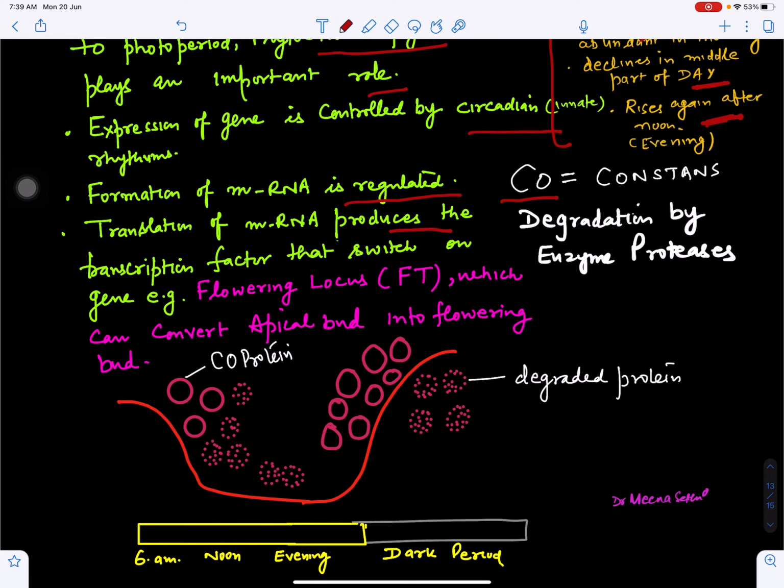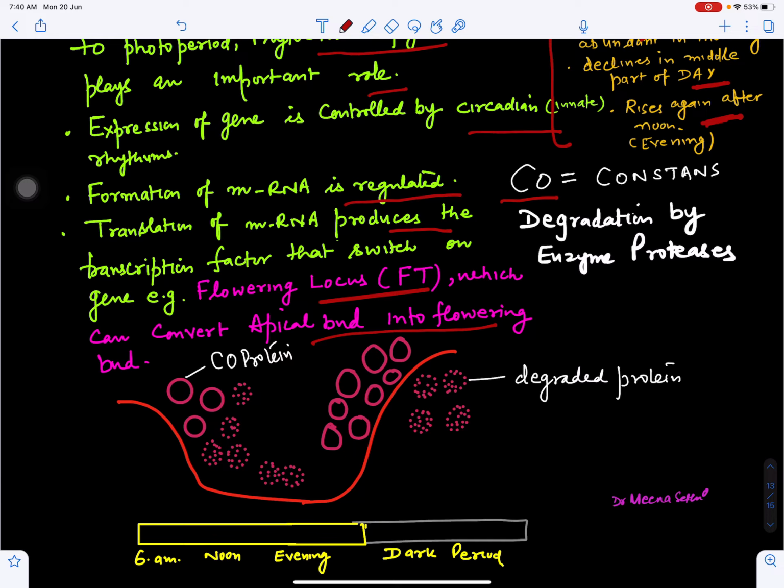When constant protein is synthesized in the evening, it will lead to the formation of the flowering locus FT, which can convert the apical bud into a flowering bud. Like we discussed earlier, if apical buds or axillary buds remain vegetative, the plant will remain vegetative, but if they turn into flowers, they will help in production of flowering.